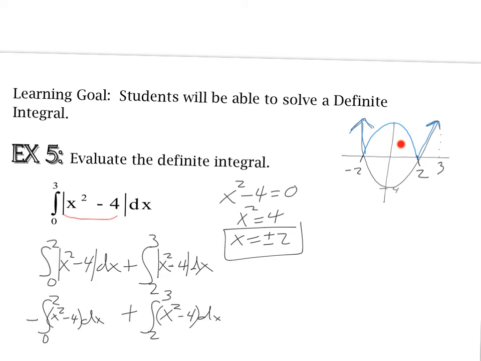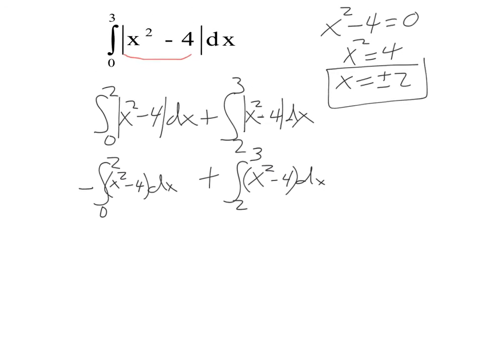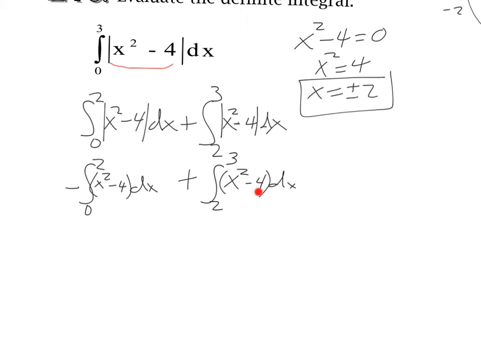And it's an equal amount of area, right? This would be the same amount of area as this, because it's just this graph flipped over the x-axis. So an easy way to account for that mathematically is just to multiply what you have here by negative 1, and that will give you this. All right, well, now we can just go ahead and evaluate. We're going to use the same antiderivative here.